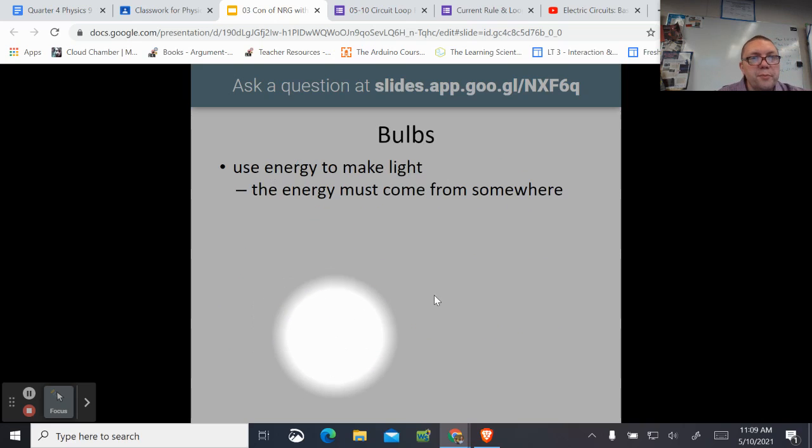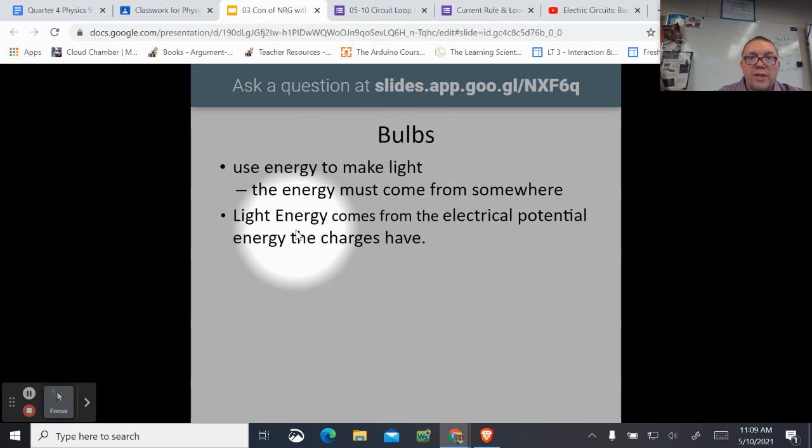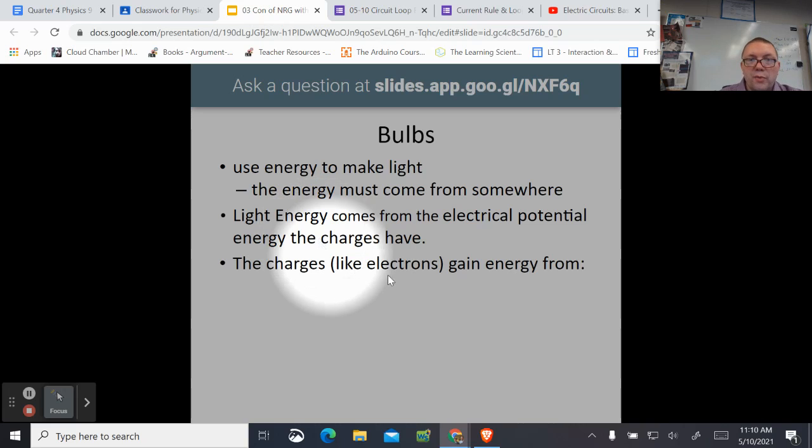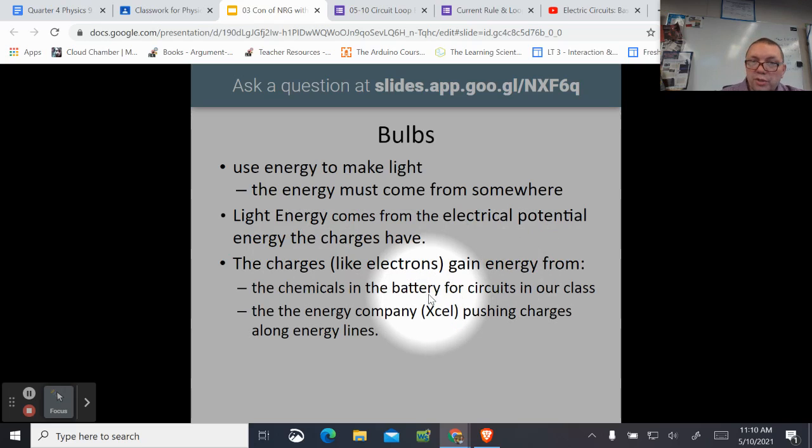All right, so bulbs use energy to make light. The energy has to come from somewhere. And when we're doing that in circuits, the light energy comes from the electric potential from the charges. It doesn't take the charges, it takes energy from charges. So if we think about those charges, like electrons, they gain energy from chemicals in the battery, right?